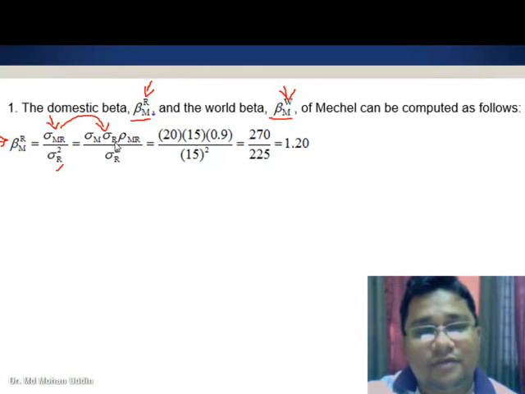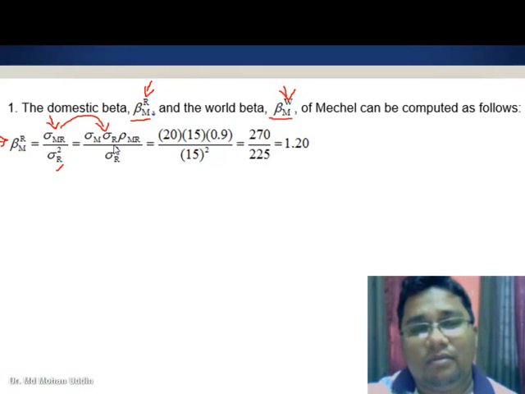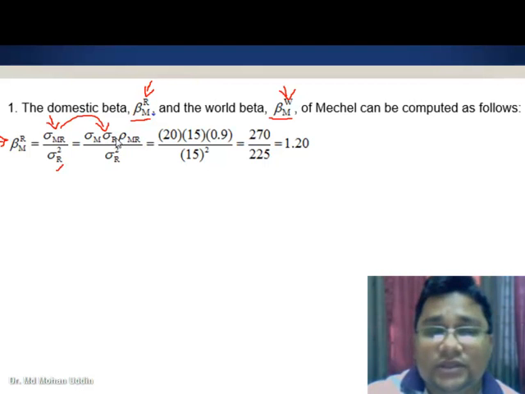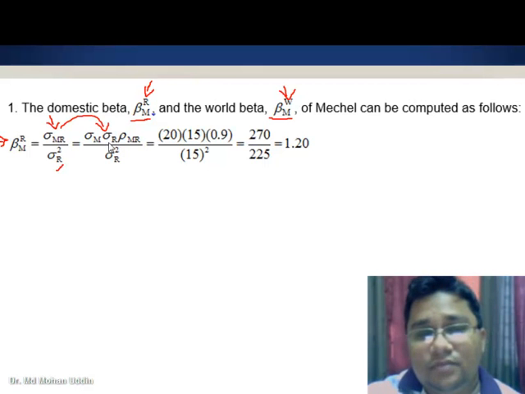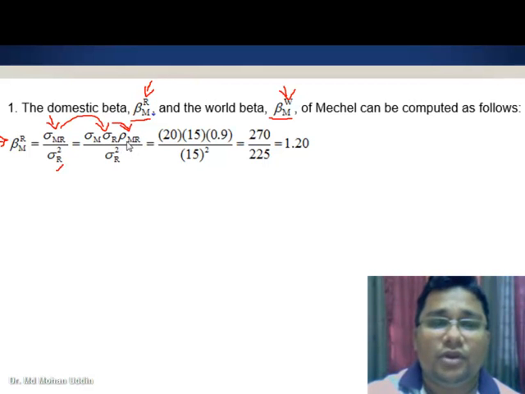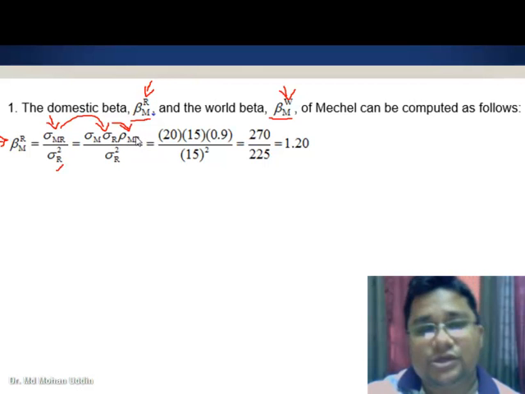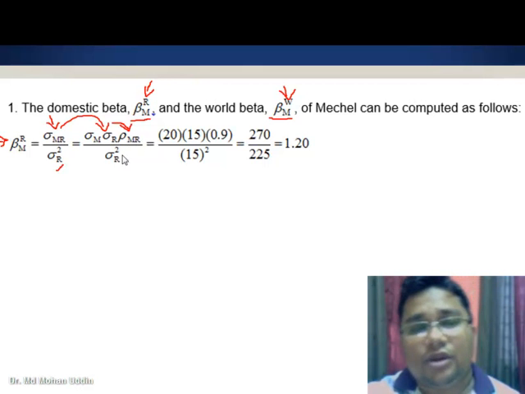The standard deviation of the market return, and although we can see R, don't be confused, R is for the domestic market of Russia. So the standard deviation of the market return in Russia, and the correlation coefficient between the company, Michelle's return, and the market return of Russia.